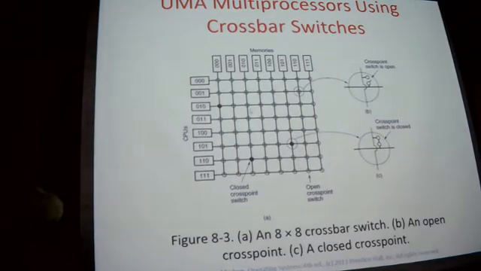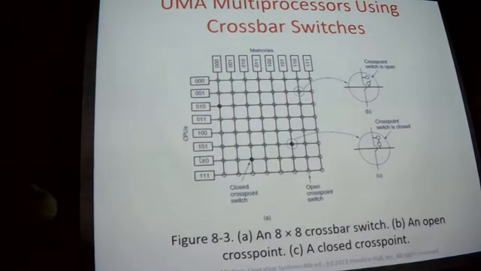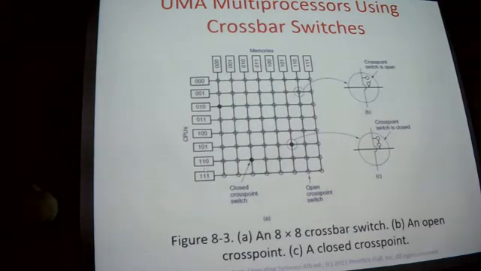This is about a hardware, UMA multiprocessors. UMA means uniform memory access. This column represents a set of CPUs, okay? 1, 2, 3, 4, 5, 6, 7, 8 CPUs.